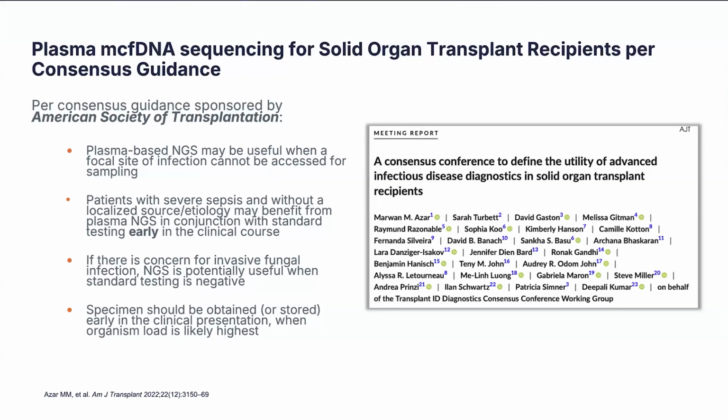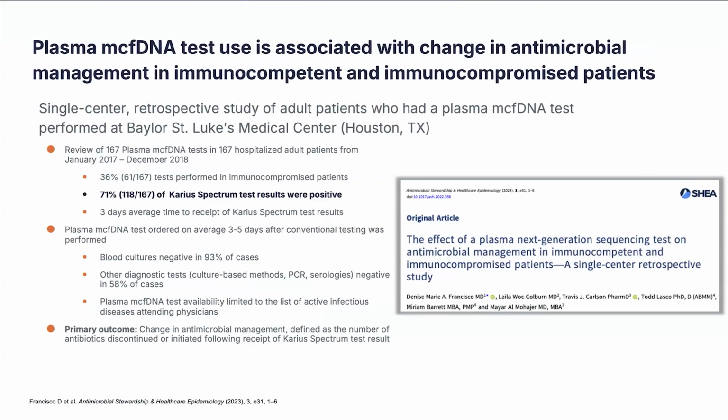Thirdly, when there's a concern for invasive fungal infection, you already sent your cultures and biomarkers and they're negative and you still are in desperate need to confirm the diagnosis. In addition, they comment that specimens can be obtained upfront so they're not affected by your ongoing empiric antimicrobial therapy, and then sent later in the course if CMT is negative.